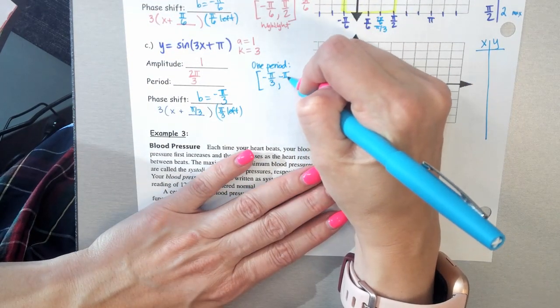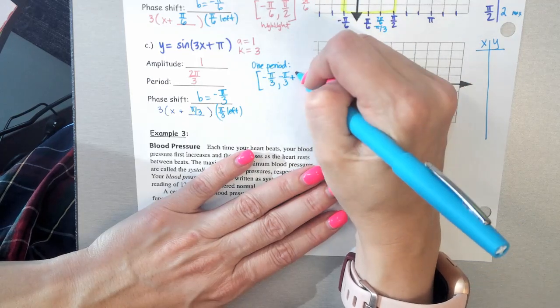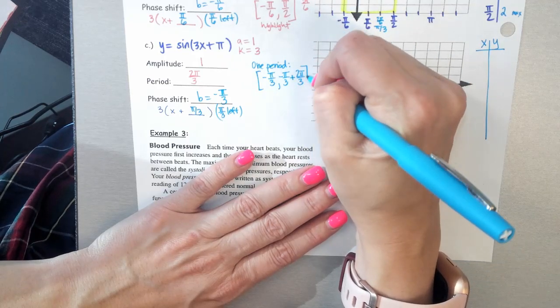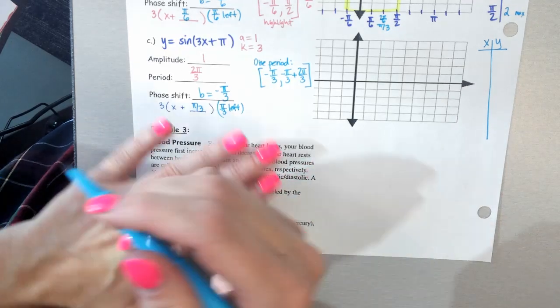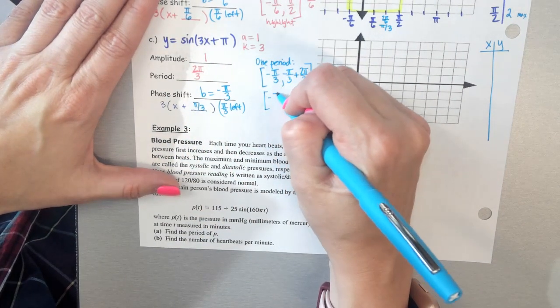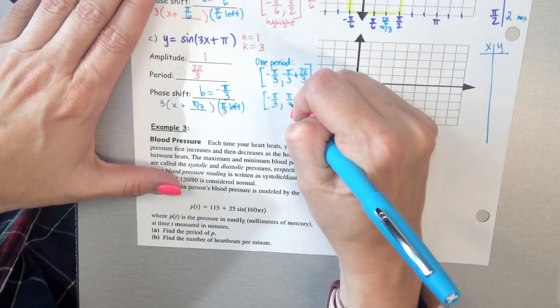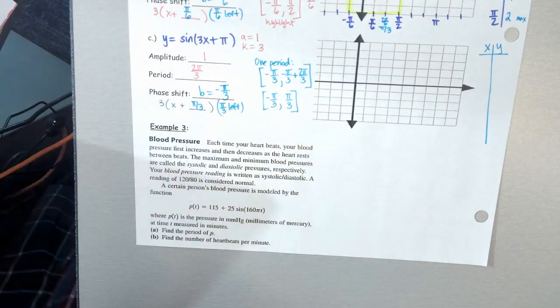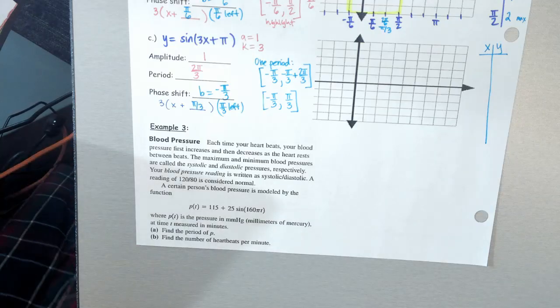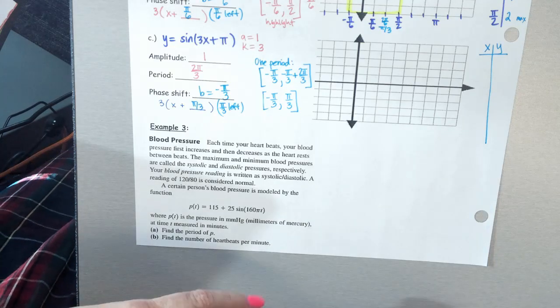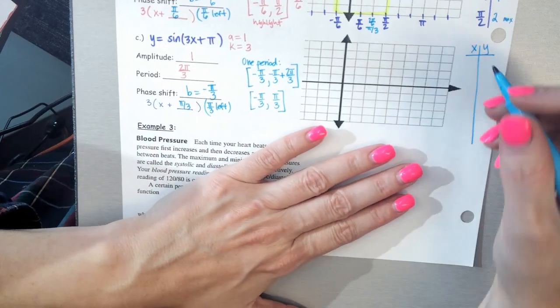And then negative pi over 3 plus 2 pi over 3. Okay, so if you're going from negative pi over 3 to pi over 3, there's going to be things happening in between those.